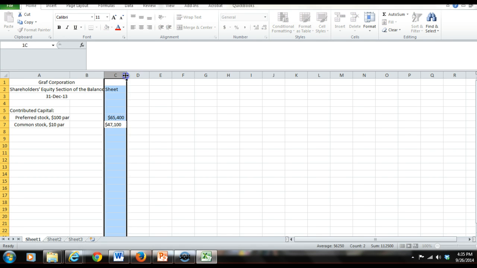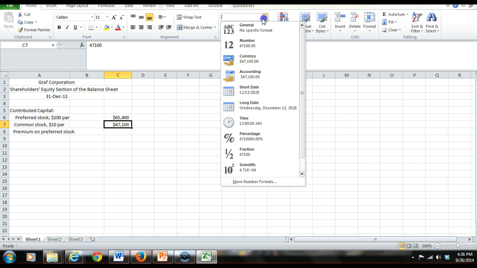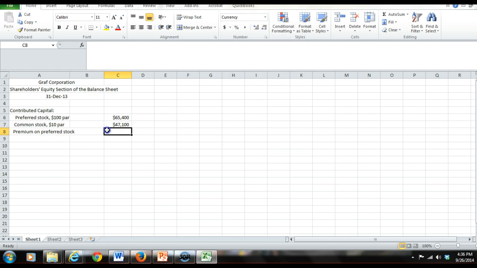$47,100. So we're always going to separate out our stock at par value from the additional paid-in capital, or as we're going to call it here, premium on preferred stock, and that amount is $39,600.